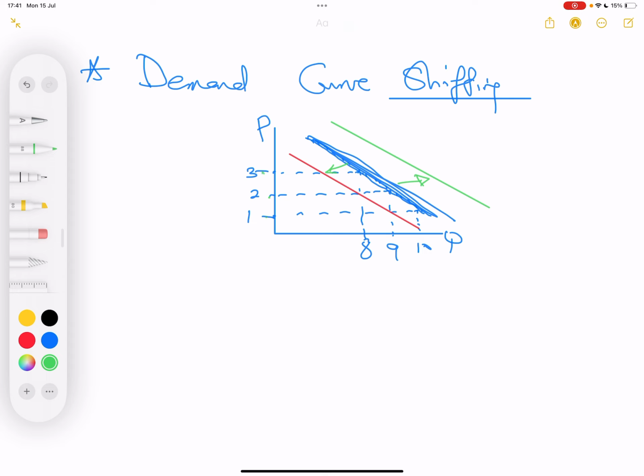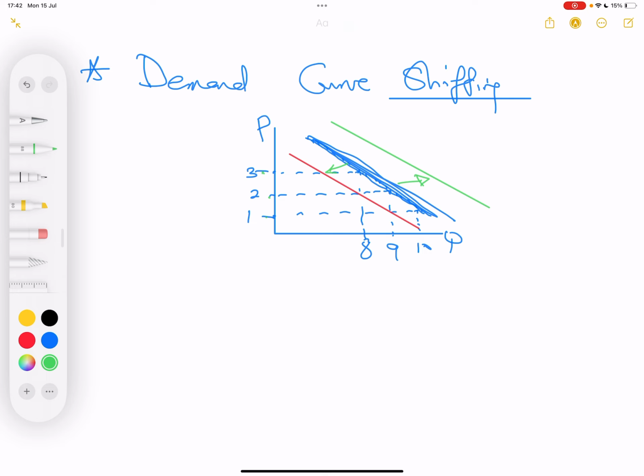However, other factors can lead to movement of the entire curve. Right? So taste, for example, can shift the whole of the demand, and you have an entirely different curve. Very important.